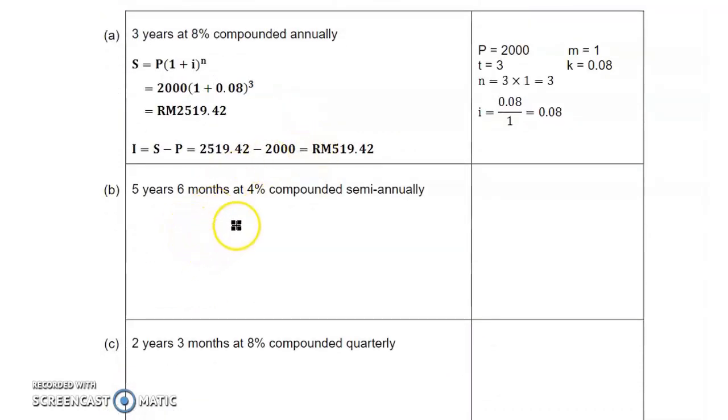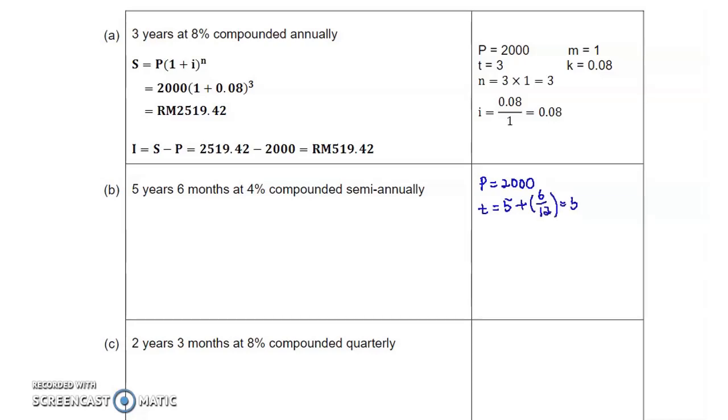Okay, we extract the info given first, on the right hand side here. So P is 2000 ringgit. For B, 5 years 6 months, so that is value T. T must be in years, so months convert to years, divide by 12.